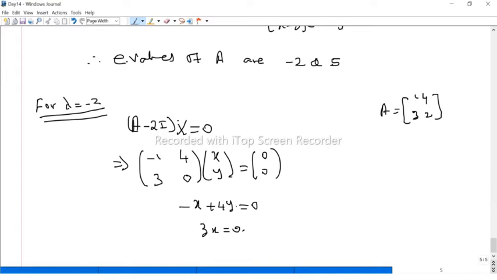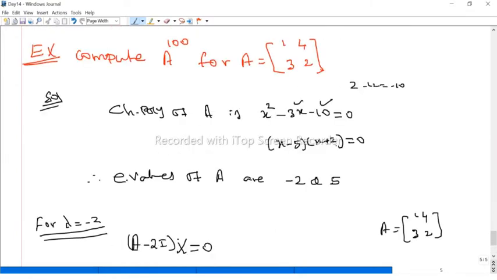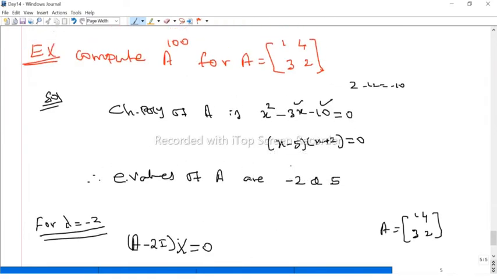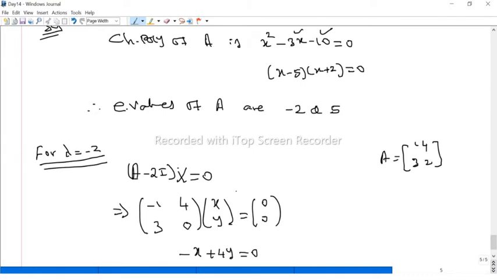No. Oh, sorry. Subtracting minus 2 actually means it should be plus, that means you add 2. Yes, the eigenvalue is minus 2. So therefore, what you'll get?